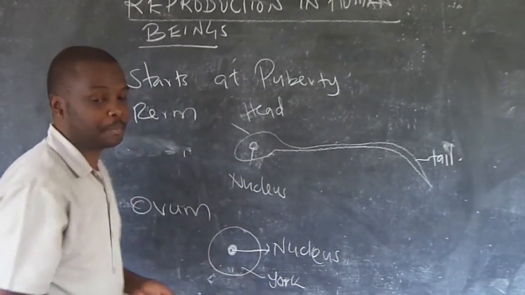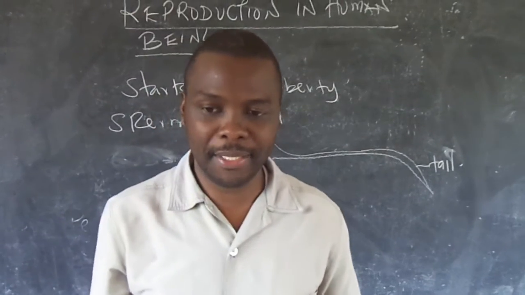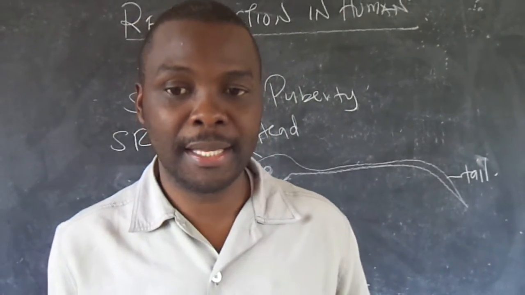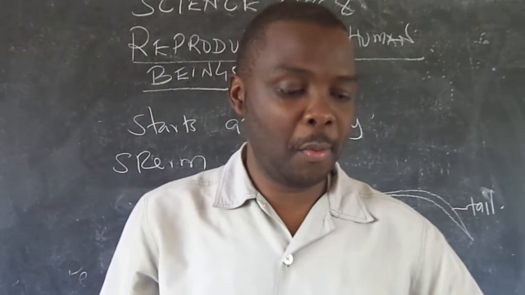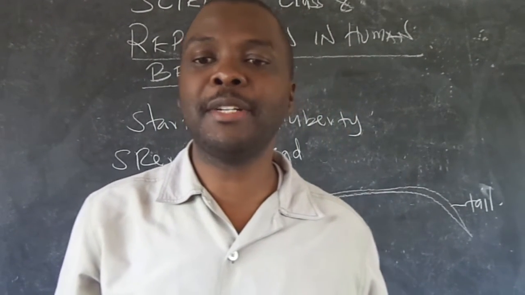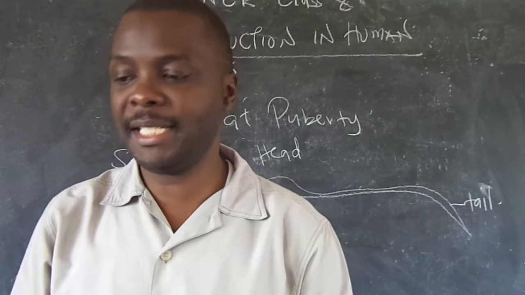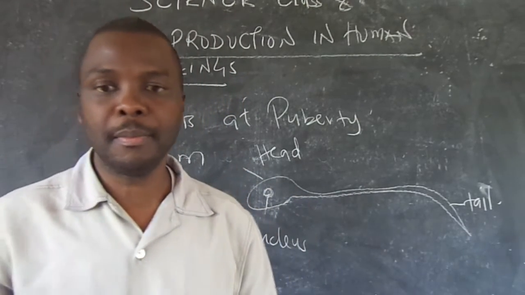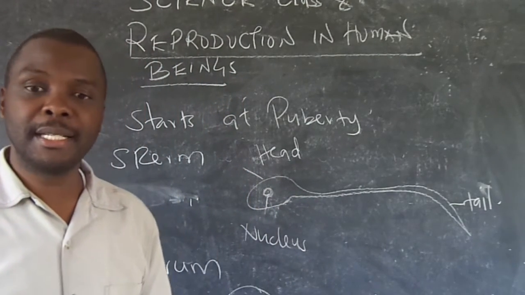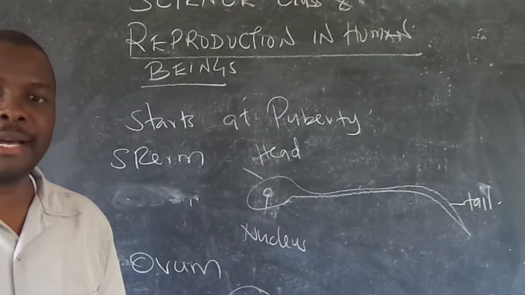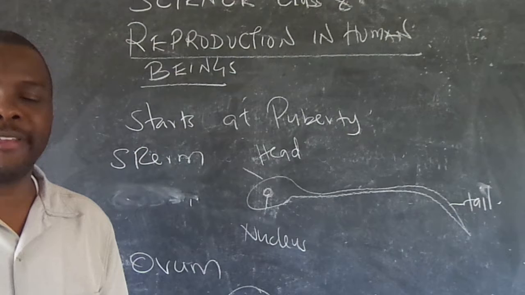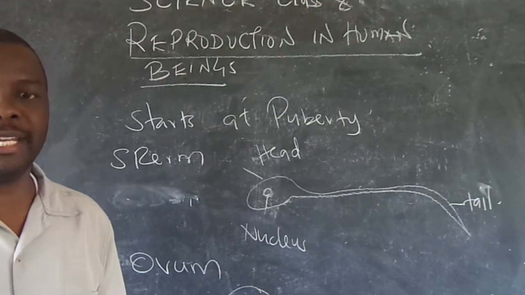So what normally happens? A female always produces one ovum after 28 days. And the process in which an egg is produced, we normally term as ovulation.